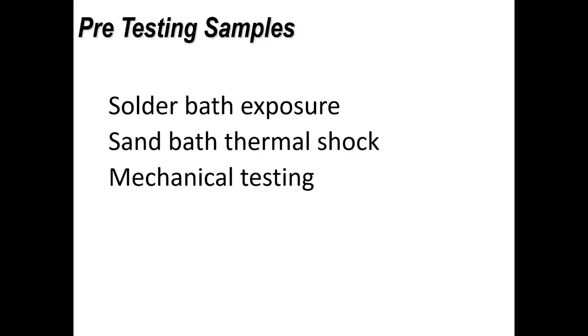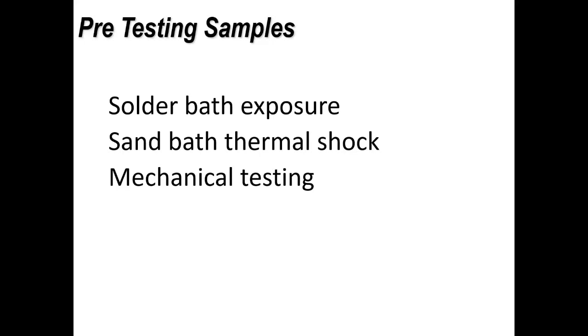So in PCB fab, solder thermal shock is pretty much standard practice. So you take a board and expose it to 260, 270, whatever the temperature you've agreed with your supplier for tin lead or lead free, and you're simulating what you are going to be doing in the soldering operation.